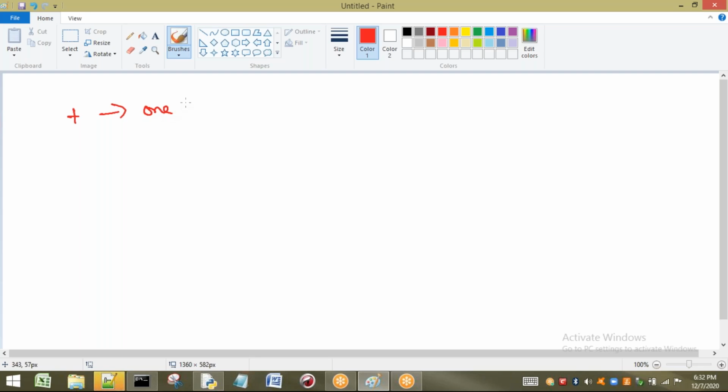Star indicates 0 or more occurrences. Here we are going to consider one or more occurrences. At least one, of the pattern left to it.